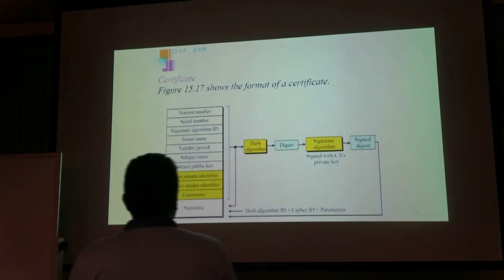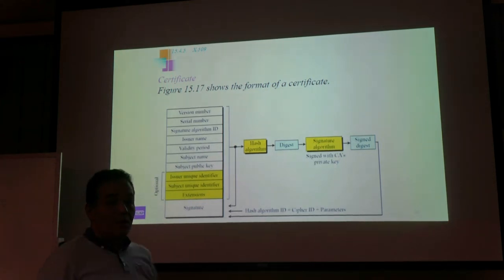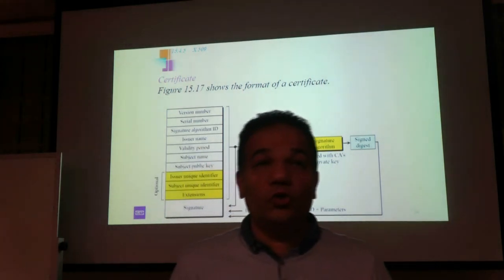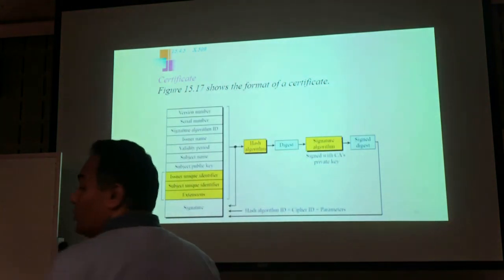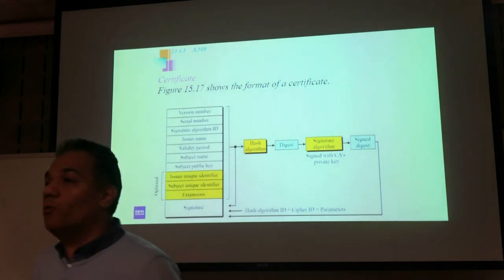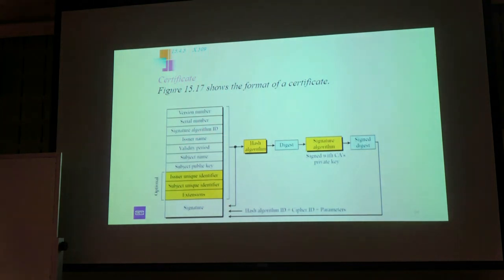For that, we use a standard called X509. X509 is a certificate. A place will issue certificates for the public keys. That's what is used in Windows, in your browsers, everywhere. Basically in here, you'll have a version number and the serial number for the certificate.